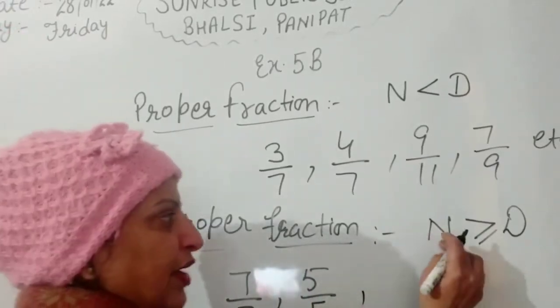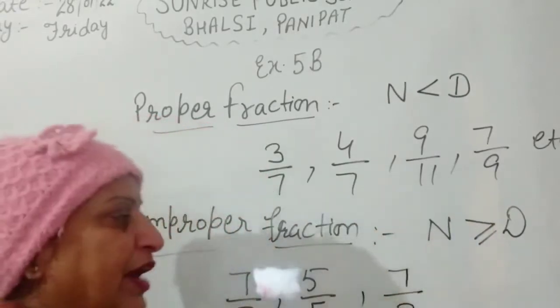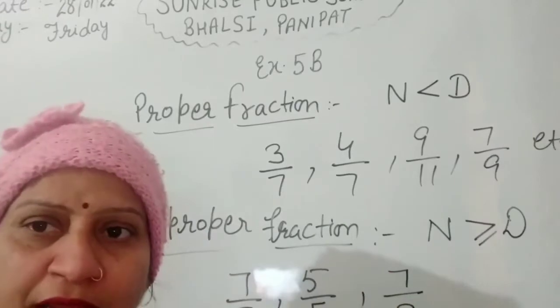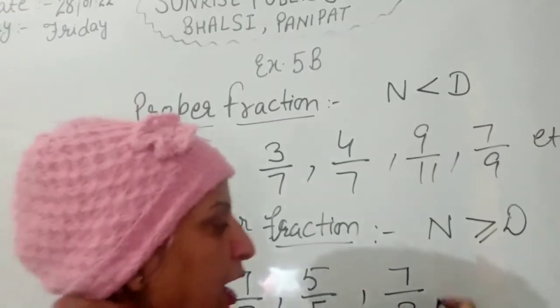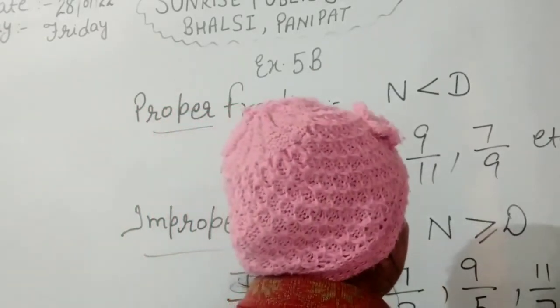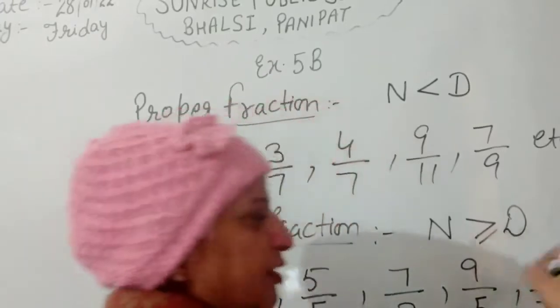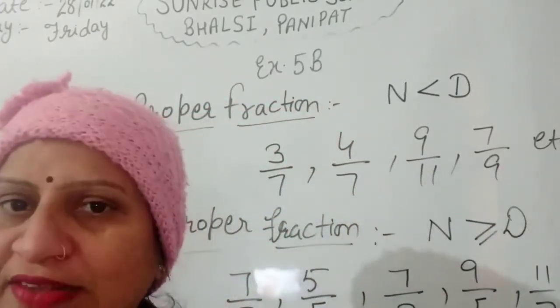But when the numerator is greater than the denominator, we write 7 by 3. Here 7 is greater than 3. Again we write 9 by 5, 11 by 7, 13 by 4. There are many examples of improper fractions.